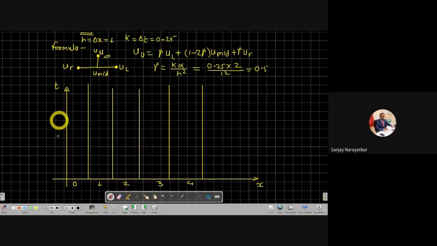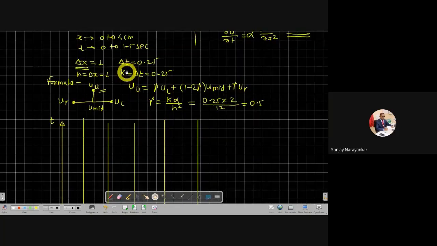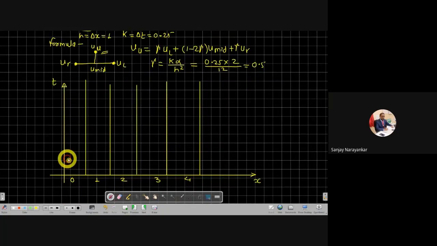Okay, along y-axis we have time. So time varies from 0 to 1.5 at a rate of 0.25. So we'll write here 0, 0.25, 0.5, 0.75, 1, and what's the last value?